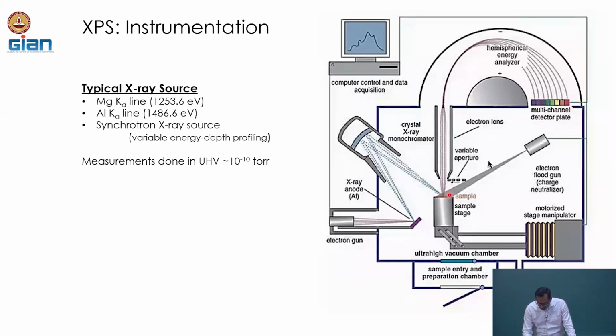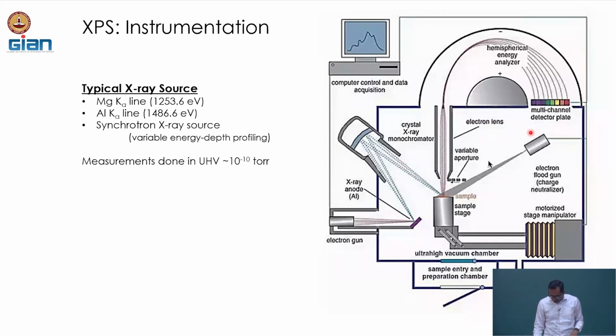But at the same time, when we have the photoelectron emitted, we are leaving behind a positive charge because we are taking away an electron, right? And then we need to neutralize that charge, otherwise the subsequent photoelectron coming from the sample is going to give us erroneous data. For that, we have an electron flood gun, where very low energy electrons are flooded onto the sample just to neutralize those charges.